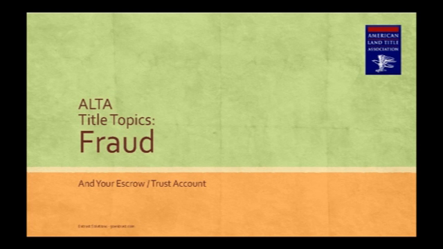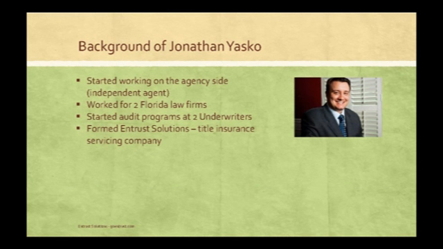Before I begin, I was asked to give a little bit of background about myself. So I'm going to make this very quick because I don't think anybody wants to see my ugly mug for very long. I started off on the agency side. I worked for an independent agent in the Orlando area. After that, I went to two different law firms in Florida focusing on bankruptcy, real estate and foreclosure defense work.